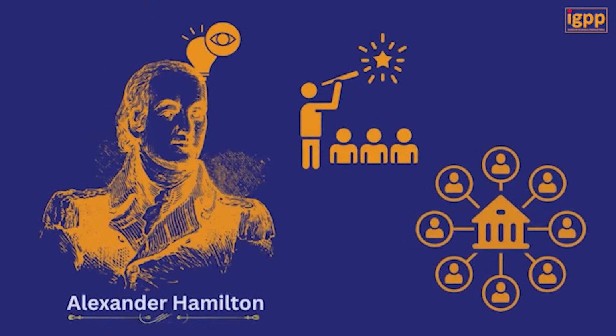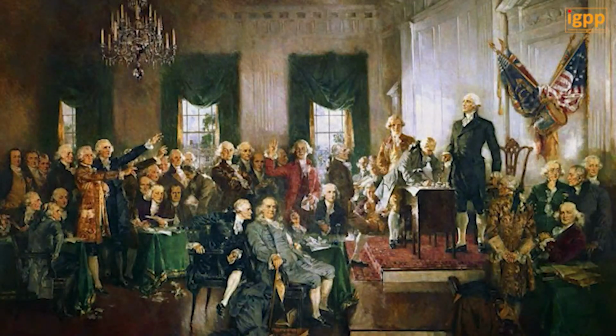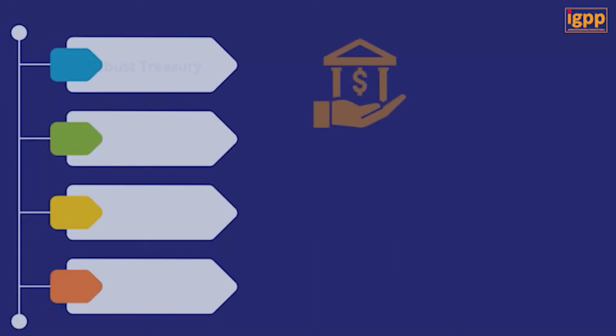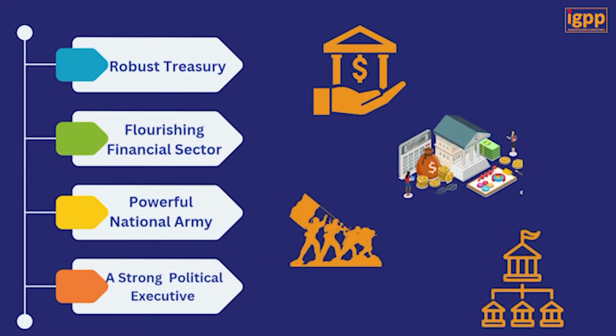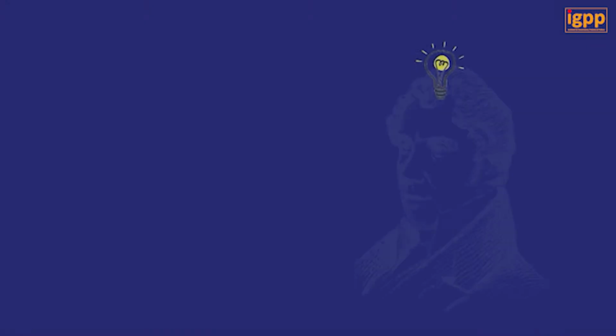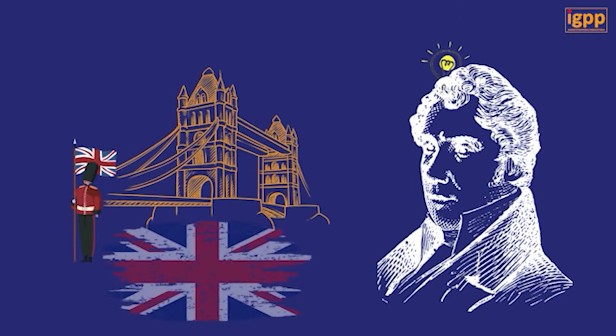Alexander Hamilton, a visionary leader and proponent of a strong central government, spearheaded the Federalist movement. He believed in a robust treasury, a flourishing financial sector, a powerful national army, and a political executive representing all states. Hamilton's ideas were deeply influenced by the success of the British imperial system.